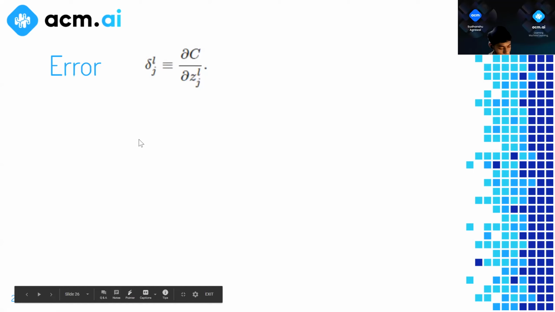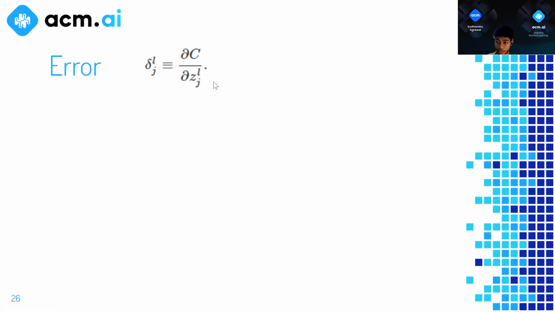Okay, so now let's define what the error is. We define the error to be the partial derivative of the cost with respect to the weighted input vector Z of the jth neuron of the Lth layer. Let's break that up once more.